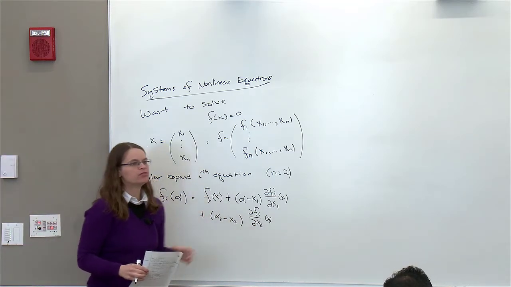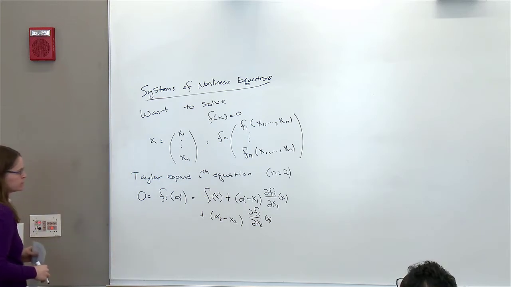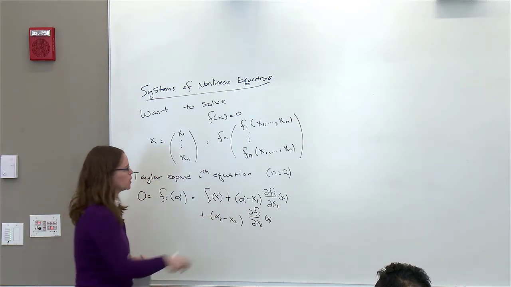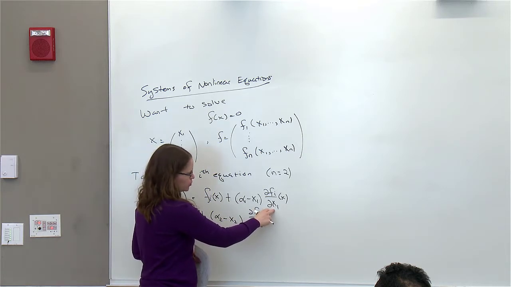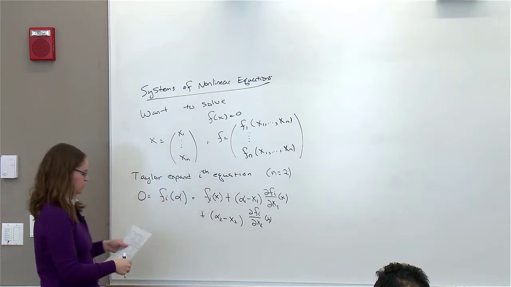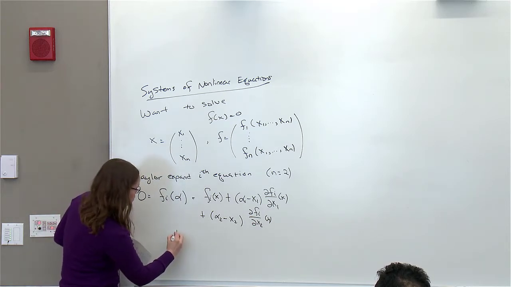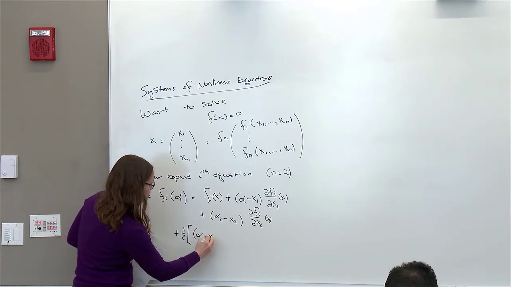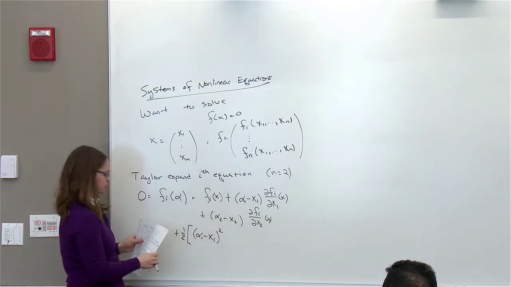and the error is going to depend on second derivatives. Again, we're Taylor expanding in both x1 and x2, so I'm going to get second derivatives with respect to x1, with respect to x2, and then also mixed second derivatives when I do this. So when I put in my error terms, what do I get? I get the x1 term.